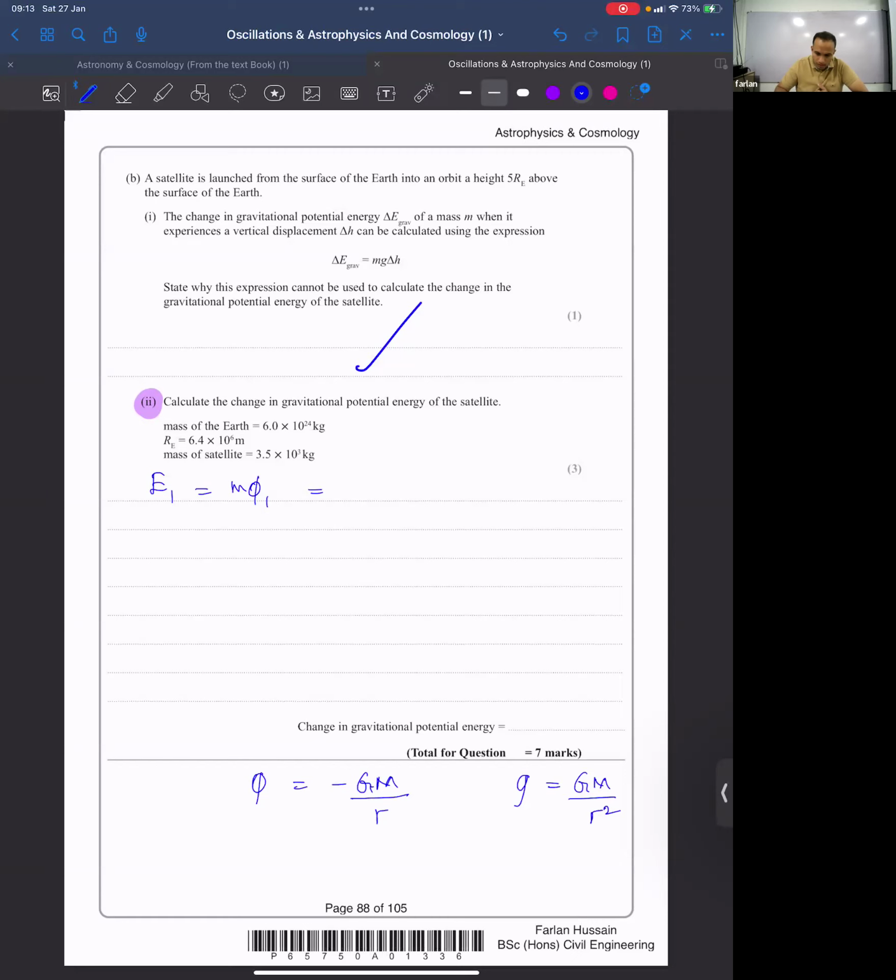So if I multiply both the sides with r, gr equals GM over r. Am I right? Which means phi equals minus, for GM over r I can write gr. Agree?